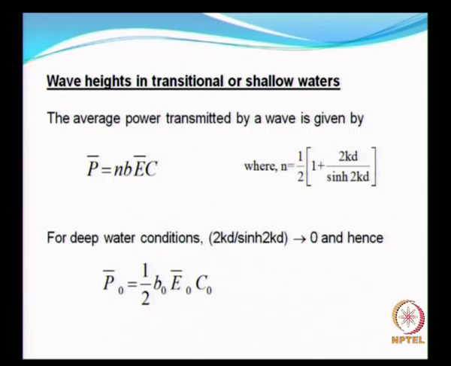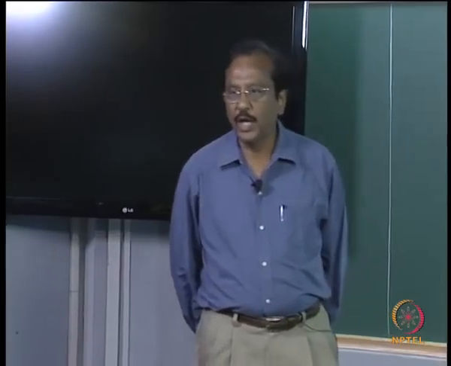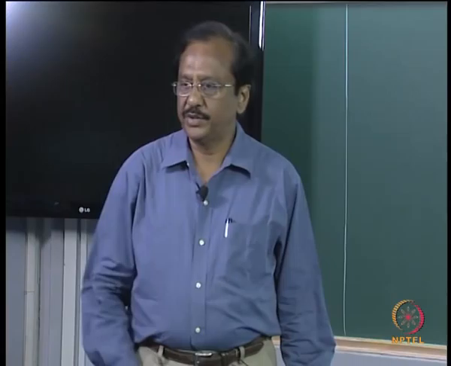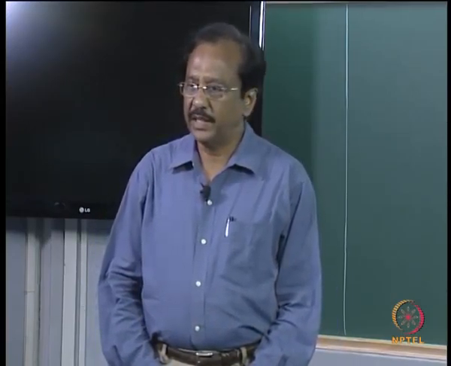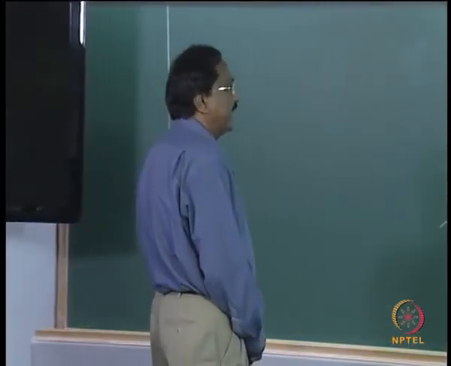How do we relate? Remember, I hope you can recollect the Shoaling coefficient. What did we do in the case of the Shoaling coefficient? We equated the power in the deep waters to the power in the shallow waters on the assumption that there are parallel water depth contours. So, you do not have refraction taking place and only shoaling is occurring. Now, the same thing is being extended.